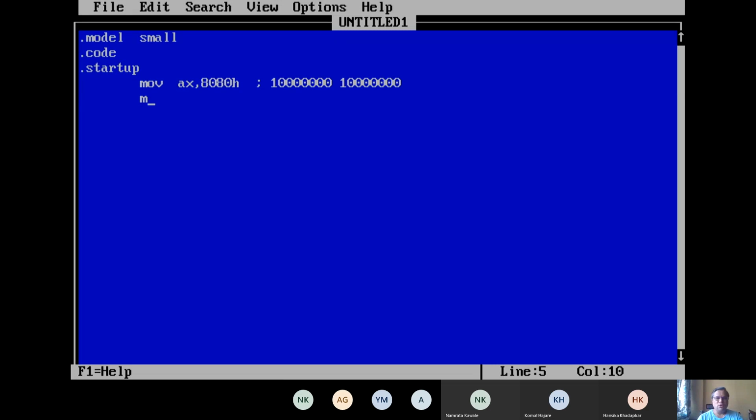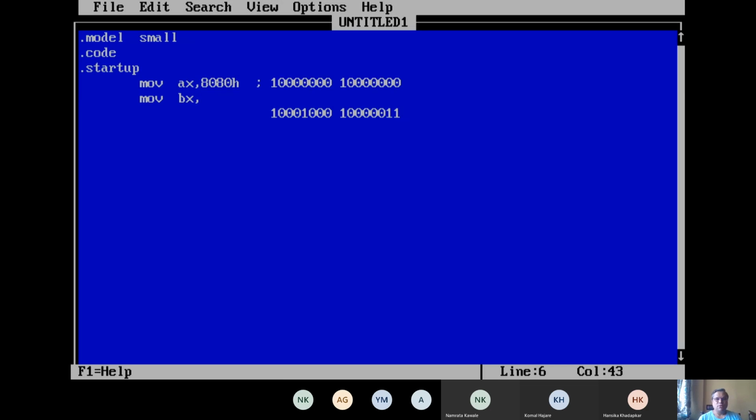Then I will load another 16-bit number into the Bx register. Let's say Bx, and I want the result to be something like this, where this is the higher byte, and this is the lower byte.